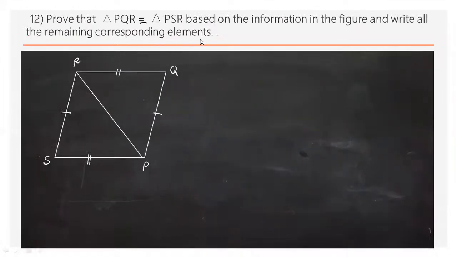Next question. Prove that triangle PQR congruent to triangle PSR based on the information in the figure and write all the remaining corresponding elements. Then we can take triangle PQR and triangle PSR.